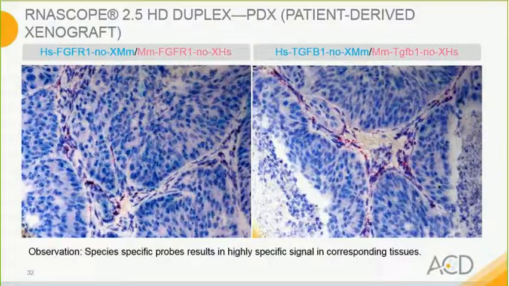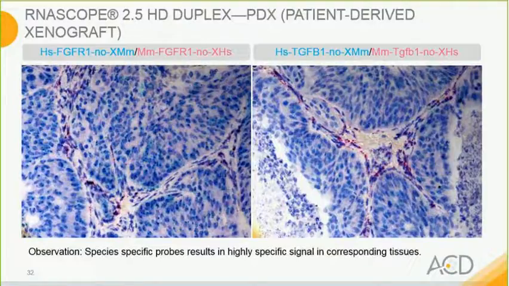Slide 32 is another example of patient-derived xenografts using the duplex assay to detect different markers. This time the markers are FGF receptor 1 and TGF-beta 1. You can see the human-specific probe, in green, only detects targets in the human-derived tumor, and the mouse-specific probe, labeled in red, only detects signal in the mouse-derived stroma.